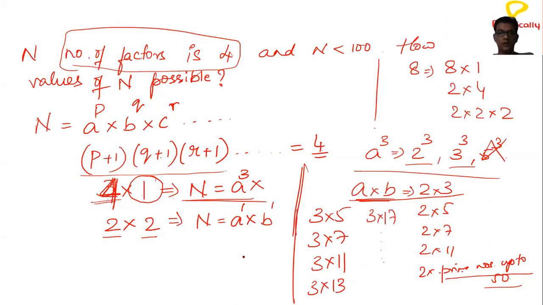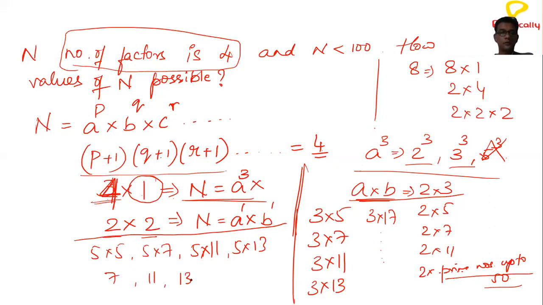Then what else is left? 5 into 5, 5 into 7, 5 into 11, 5 into 13. This is left over. Then 7 left over, 11 left over, 13 left over. Do you realize this? All these values are left over.